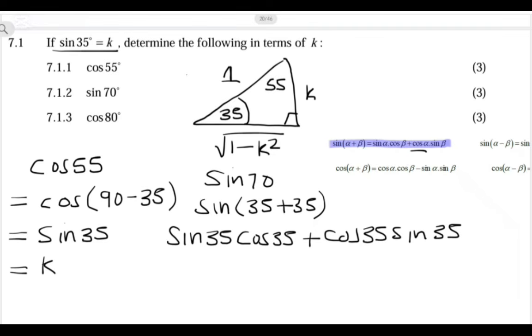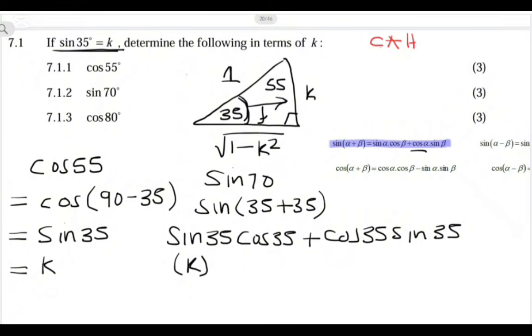So what is sine of 35? We know sine of 35 is equal to k, so we can say k. And what is cos of 35? We can use this triangle that we're given here. If our reference angle is here, this is going to be the opposite, this is going to be the adjacent, and the hypotenuse is there. Cos, using the SOHCAHTOA method, is adjacent over hypotenuse.